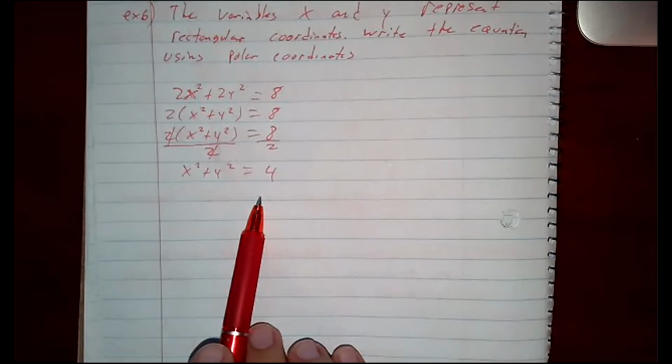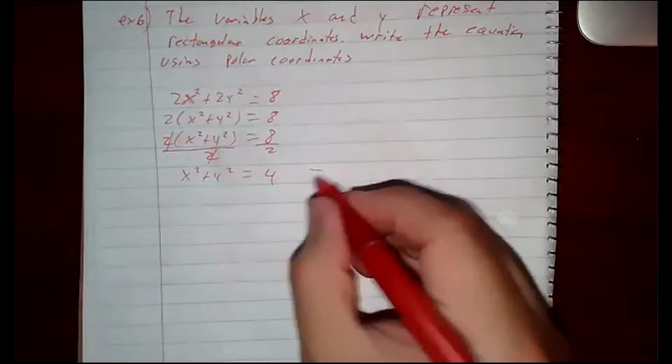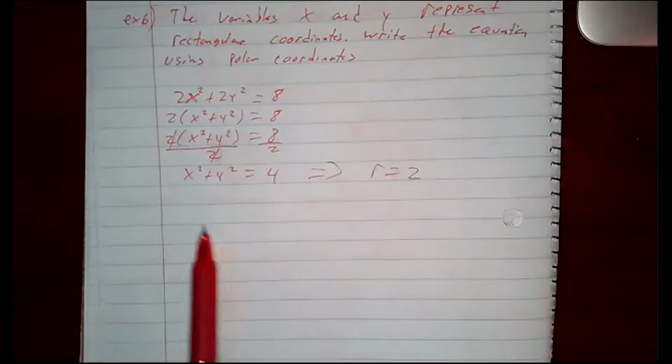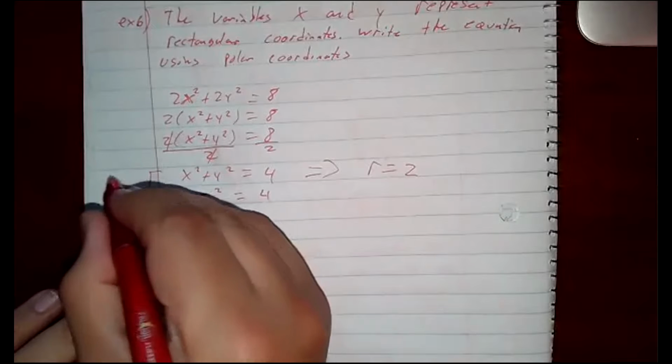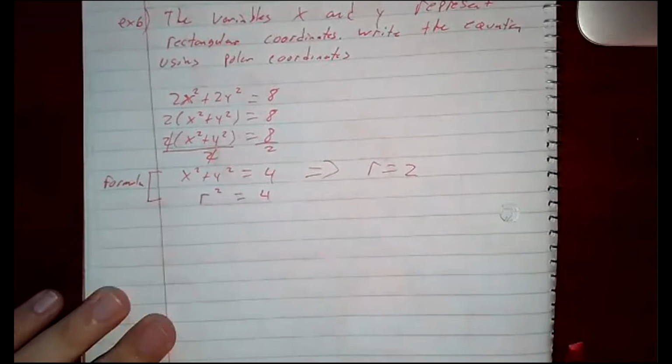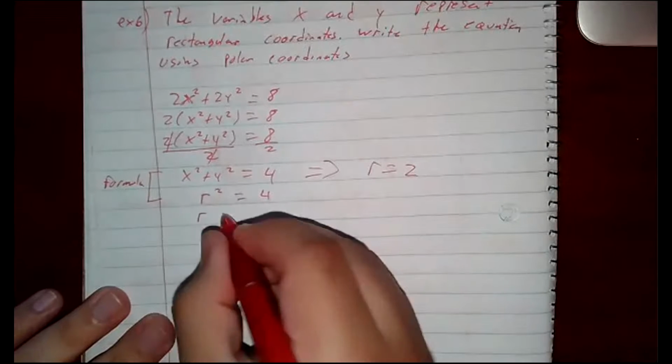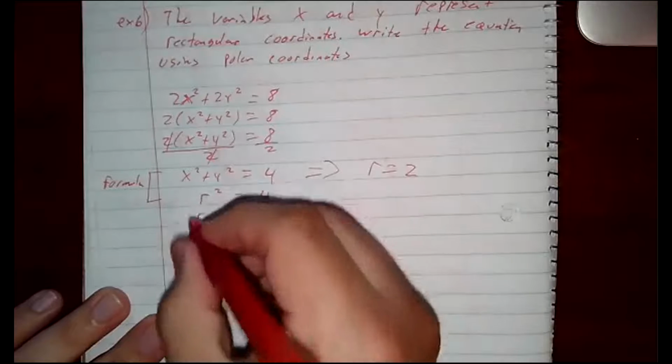So technically, you should know the answer that this is just r equal to 2, right? Circle with radius 2. But if you didn't see that, we have the formulas, right? We know that x squared plus y squared is equal to r squared, right? Using the formula. And if I solve for r, I would get 2, right? When you square root both sides.